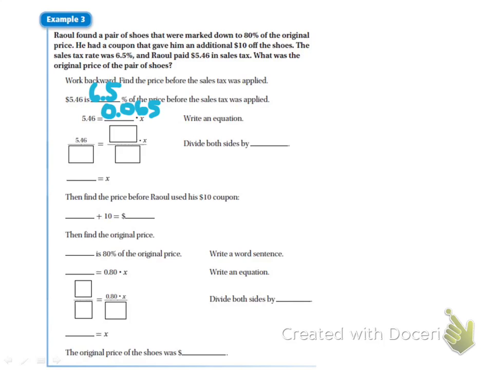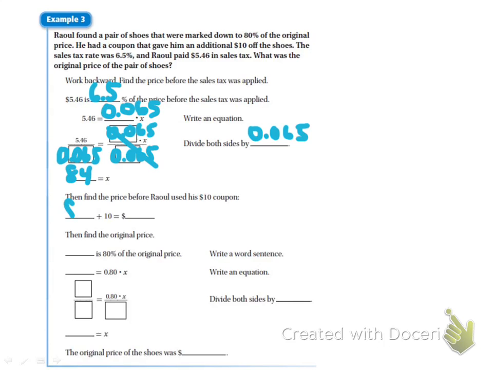And I apologize, it doesn't fit in the box. Now we're going to divide both sides by 0.065 to find out what x is. And when we divide $5.46 divided by 0.065, we find that x is 84.